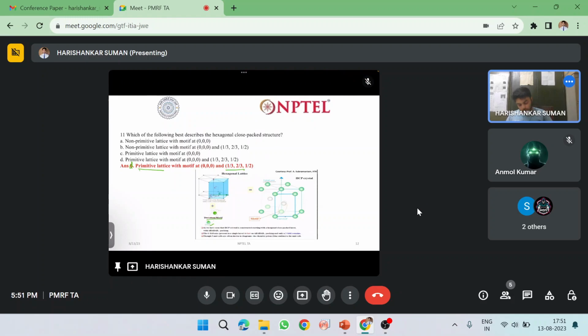Next question. FCC, the face-centered cubic lattice has close-packed direction and plane. Close-packed direction along 111, close-packed direction along 110.